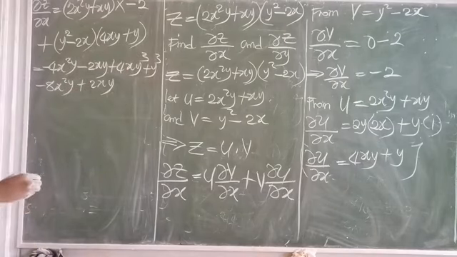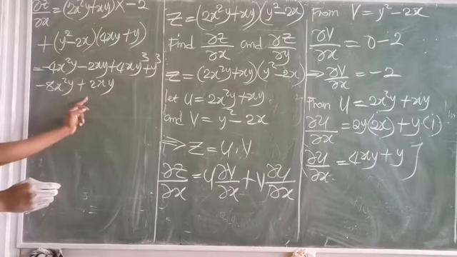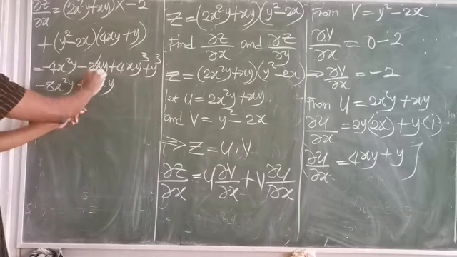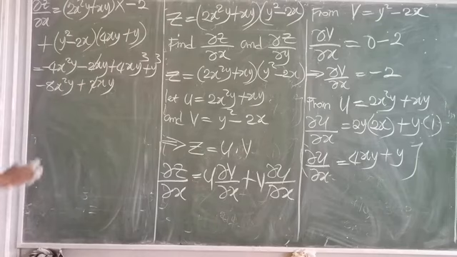So notice here that I have minus 2xy, I have plus 2xy. So these two can strike out. Those two are gone. Therefore, here also I have minus 4x squared y, and here minus 8x squared y.